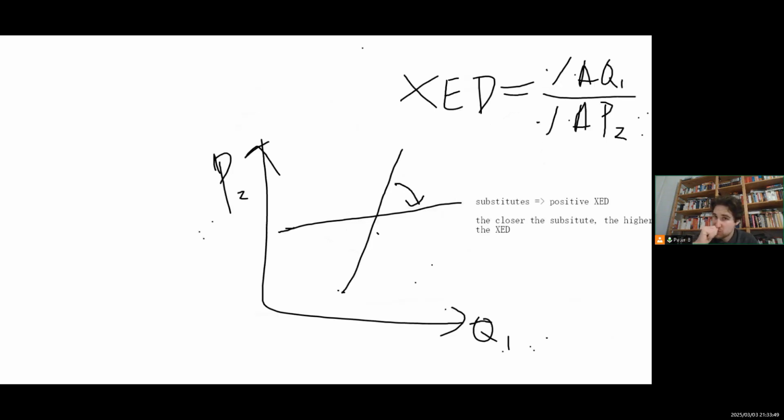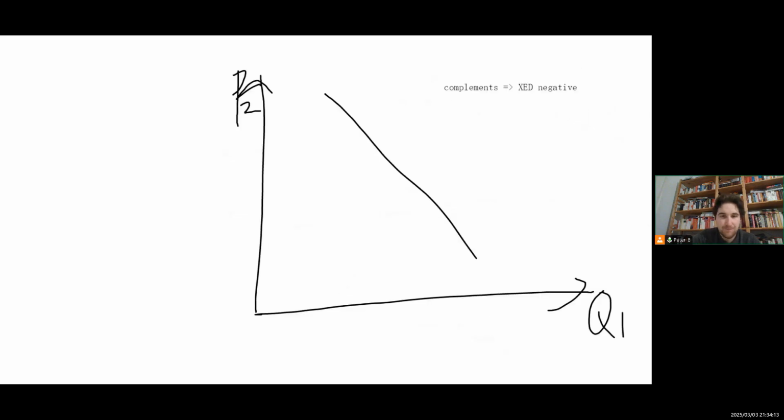So cross elasticity of demand is how much the price of one good is affecting the quantity of another. If they're substitutes, then I'm more likely to switch goods, and so it's going to be positive. The closer the substitute, the more it will affect my demand for the second good, because the more I can just swap them out.